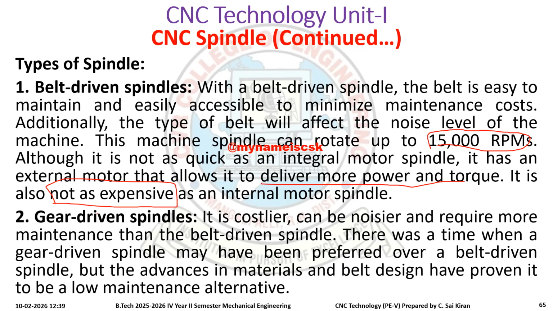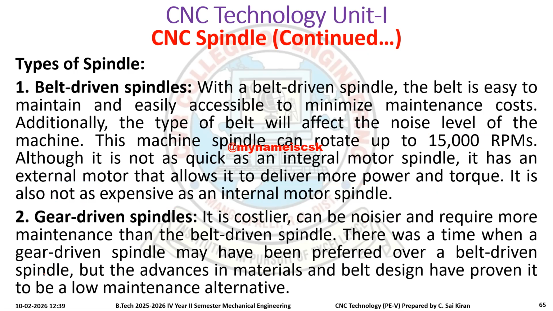Next is the gear driven spindle. It is costlier, it is high cost, and it is noisier because you will feel some noise from the gears, and it requires more maintenance than the belt drive. At one time belt driven may have been preferred, but with advances in belt materials, belt designs have proven to be low maintenance.